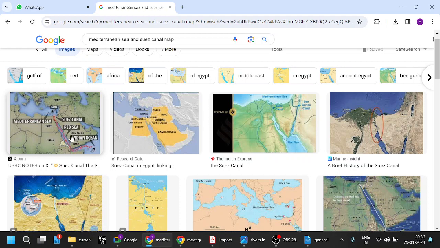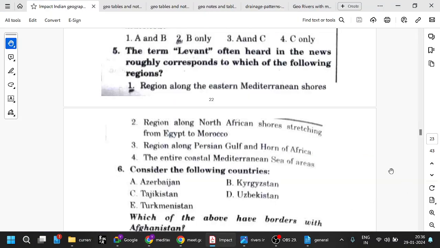Bordering Red Sea, you have Saudi Arabia, Sudan, Egypt, etc. So go through this thoroughly because Mediterranean Sea is also very important for traffic. A lot of ships pass through the Mediterranean Sea. So the term Levant corresponds to which of the following regions? Okay, the region along the eastern Mediterranean shores. Those are called Levant.